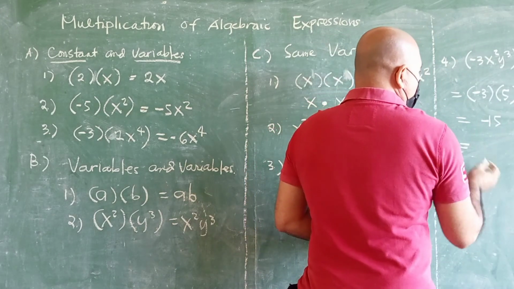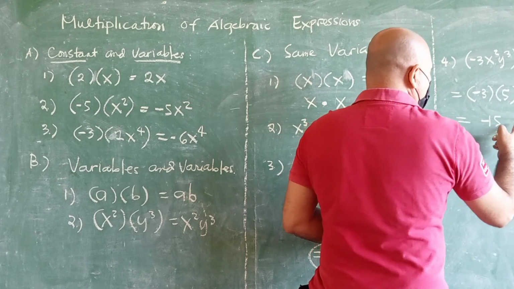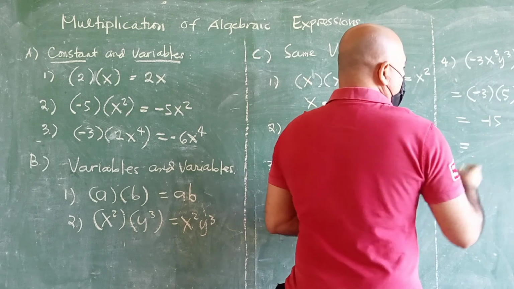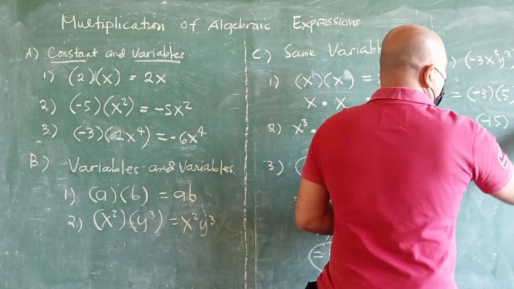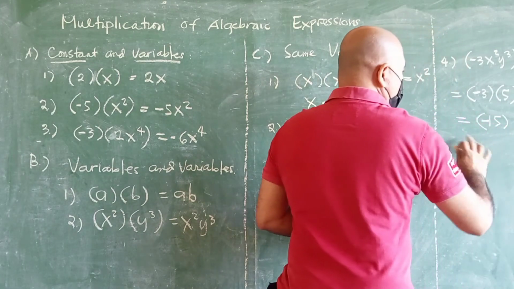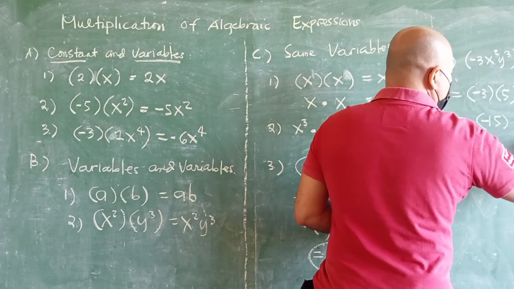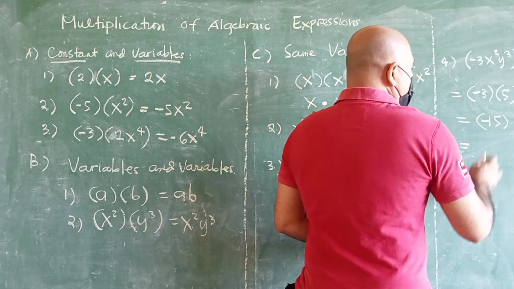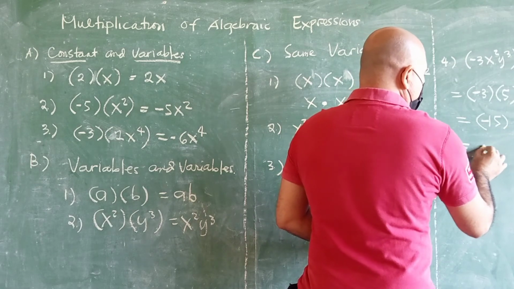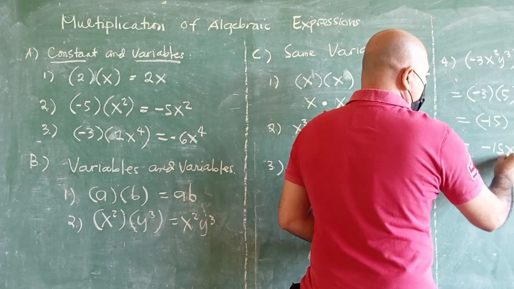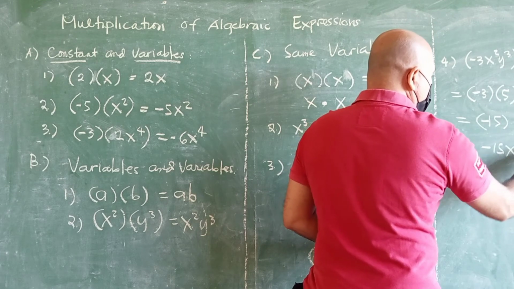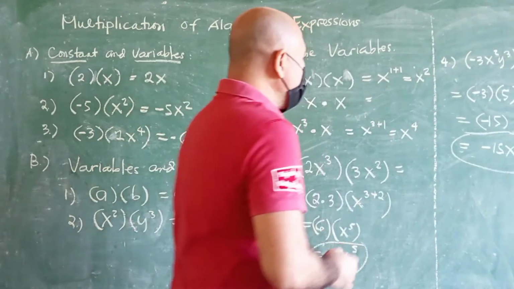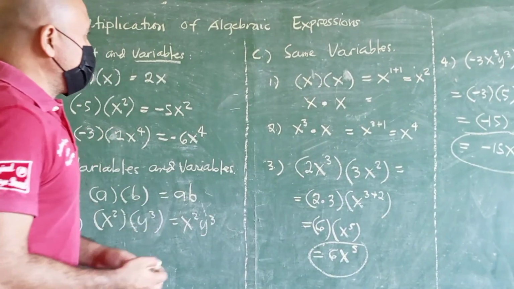As I said, if there's no addition or subtraction between these numbers and letters, understand that the operation is always multiplication. So when you multiply these three different terms, that will become a single term: negative 15 x raised to the power of 5, y raised to the power of 7. So that's how you multiply in basic multiplication.